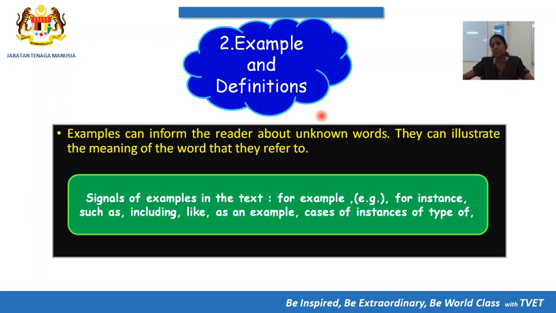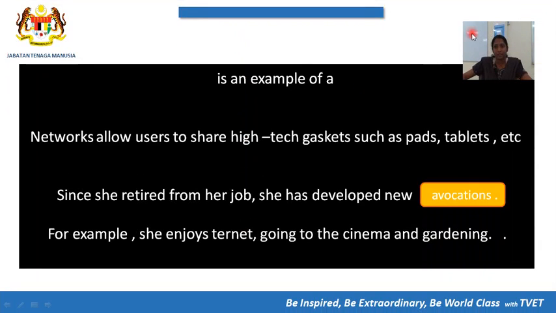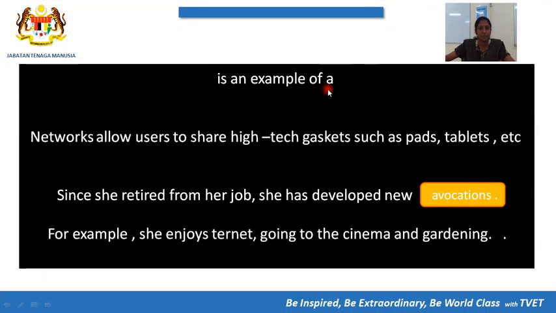So usually when we are reading a text, we come across words like for example, e.g., for instance, such as, including, like, as an example, cases of, instances of, type of. So these are the words which give examples to the definition.